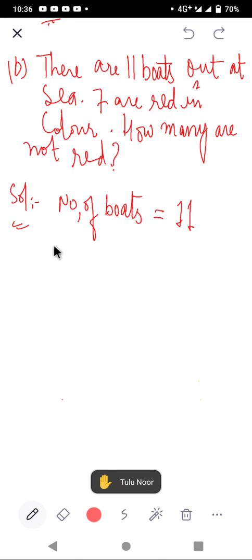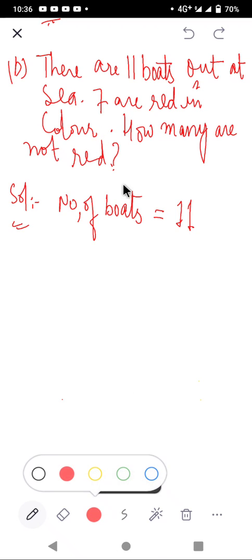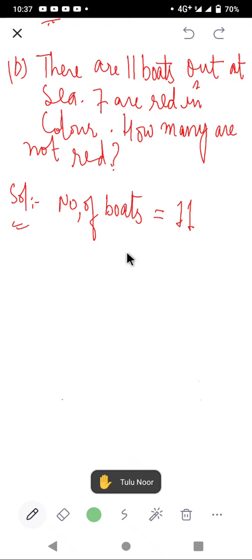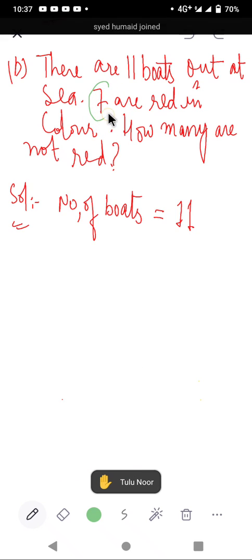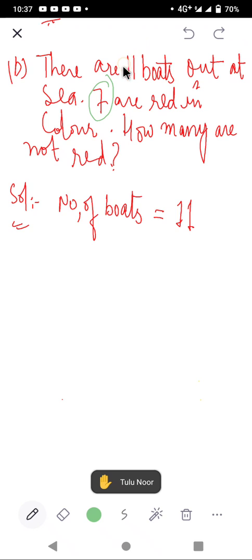Then 7 are red out of 11, so we write number of red boats is equal to 7.